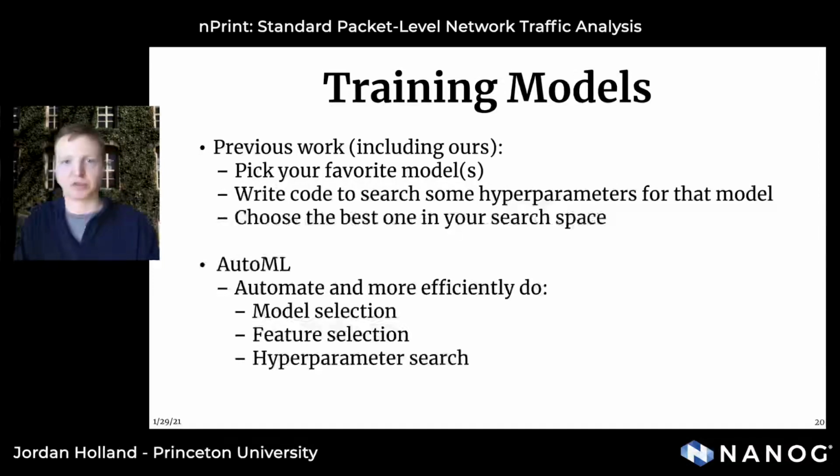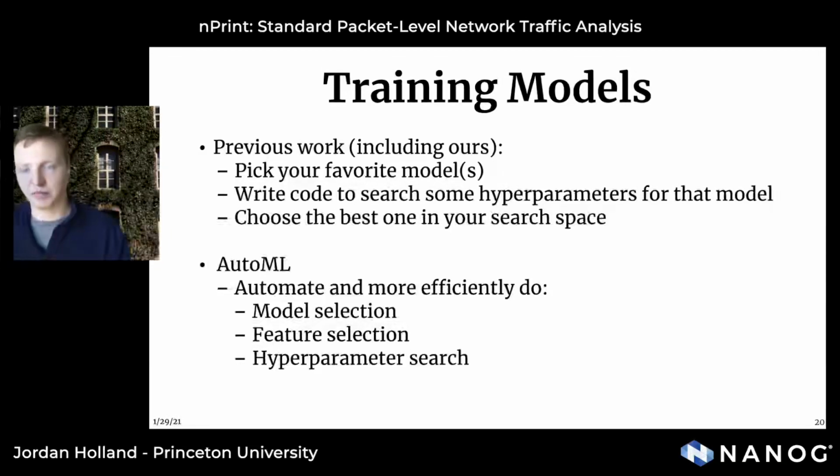We'll write code to search some hyperparameters for that model. So say we want to use a deep neural network, the hyperparameters may be the size of each layer. And then we'll choose the best one in our search space, right? And what this is going to do is it gives us a relatively small search space with our bias of our favorite models. And hopefully we find a model that does a good job of predictive performance.